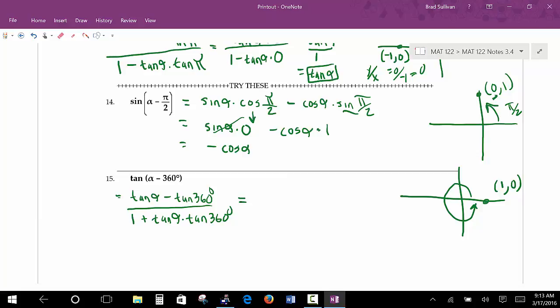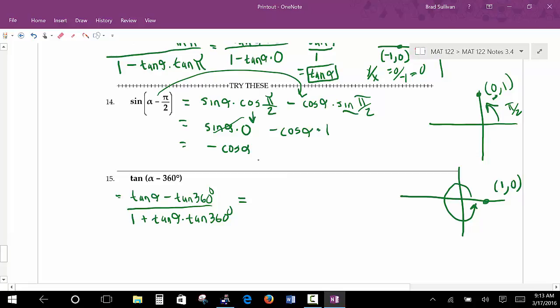What's that again? Yes, and the negative came from that sign right there, because you're doing 0 minus a number, so it's negative cosine alpha. Yeah, well, the identity for sine has the same sign. So since that's a difference, that comes down, so that's why it's negative.